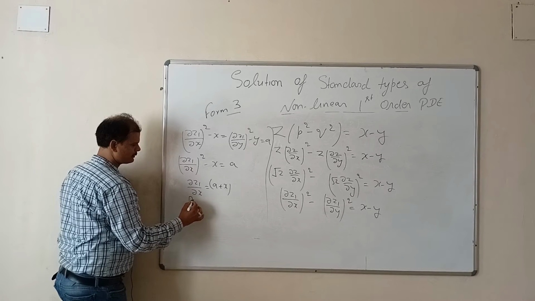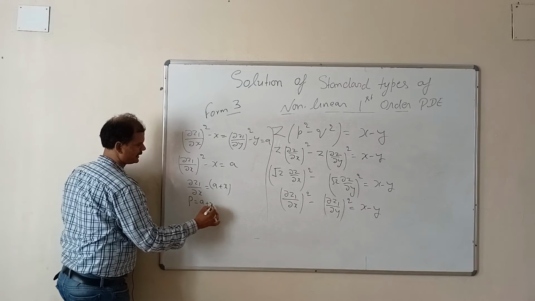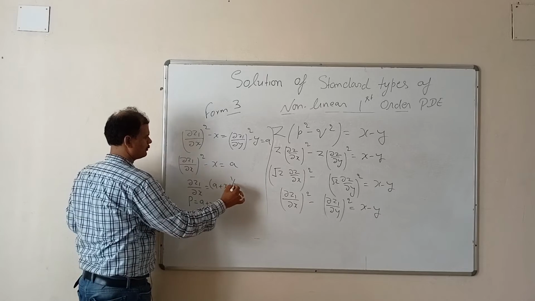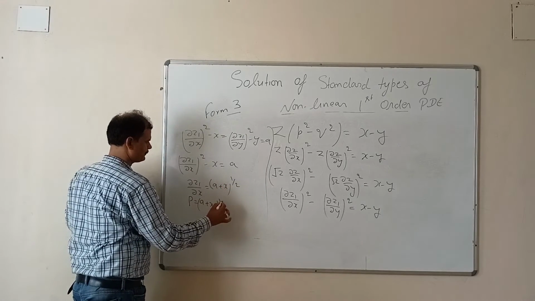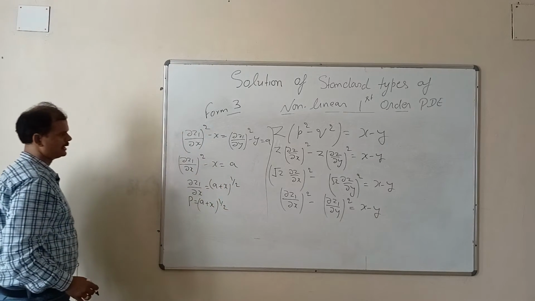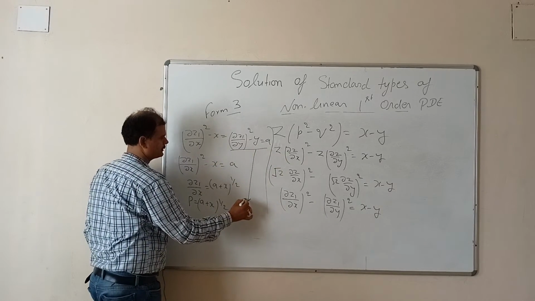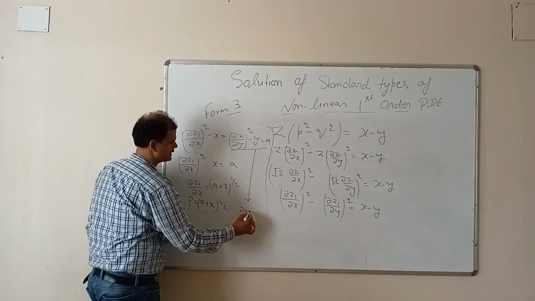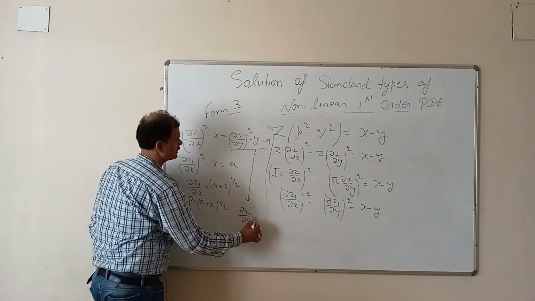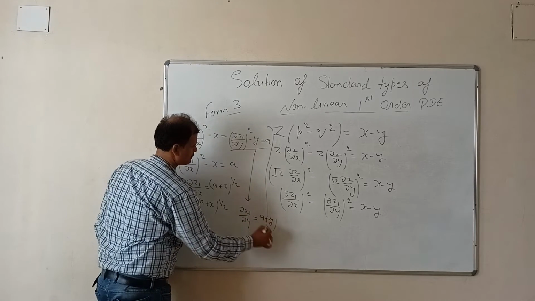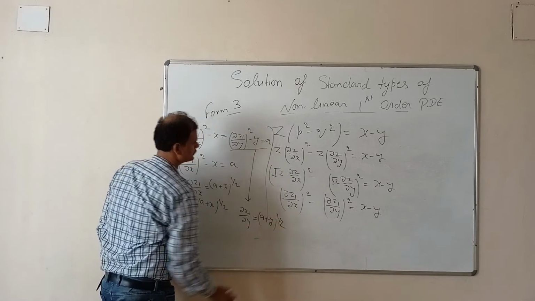So capital P equals (a + x)^(1/2). Fine. And from this part we have ∂z1/∂y = (a + y)^(1/2). Fine.